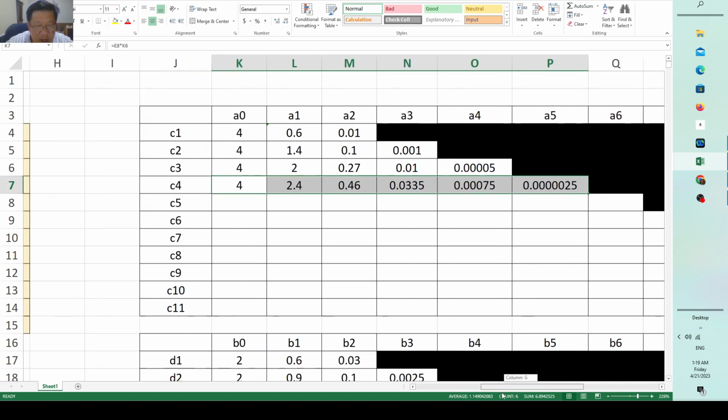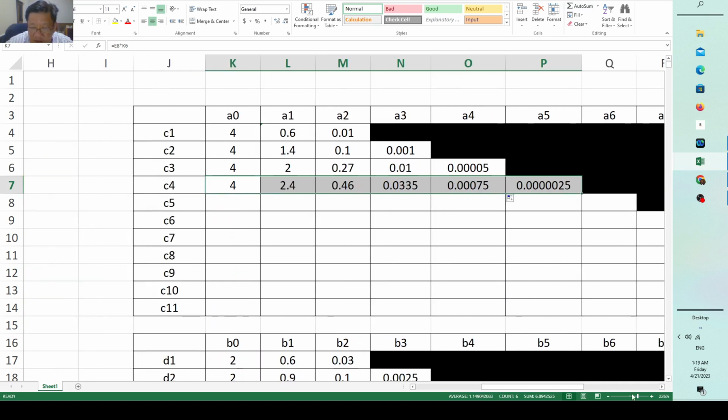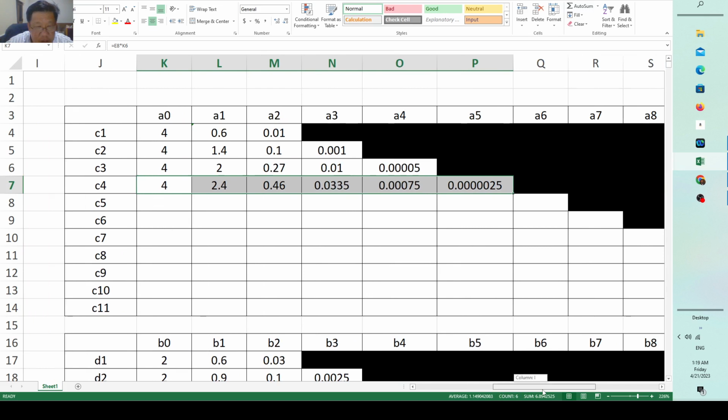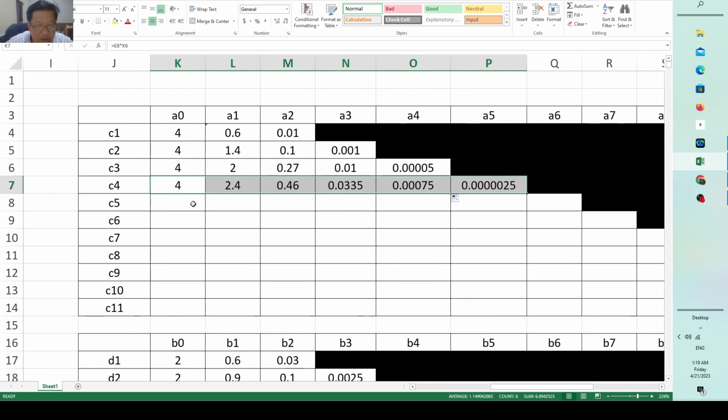For example, if I continue to another stage, I want to find C sub 5 here. What I did is make a copy here, this again, this one also. So I make a copy of all this. Yeah, so this one we get C sub 5.